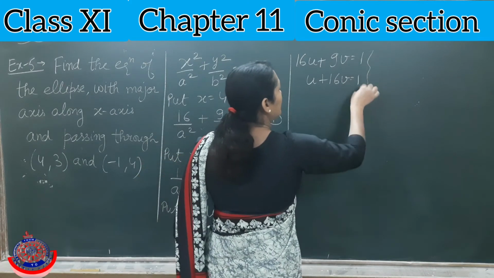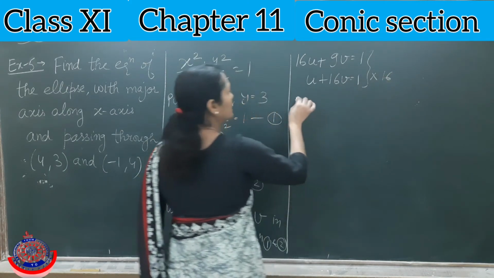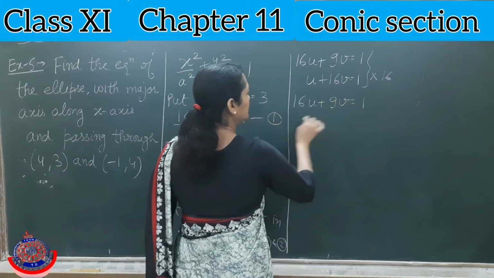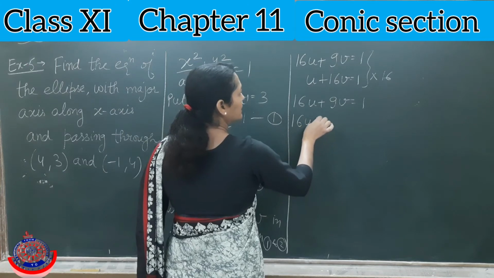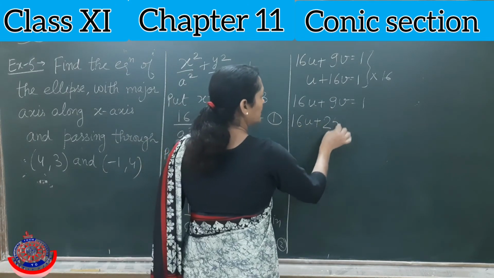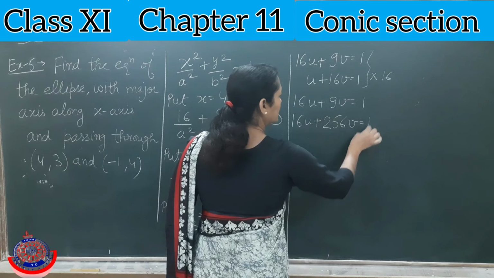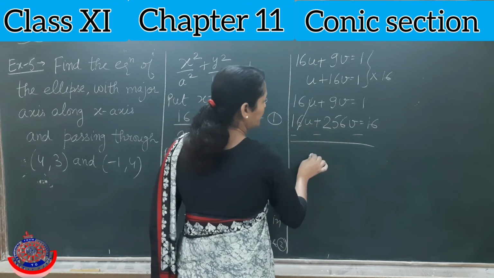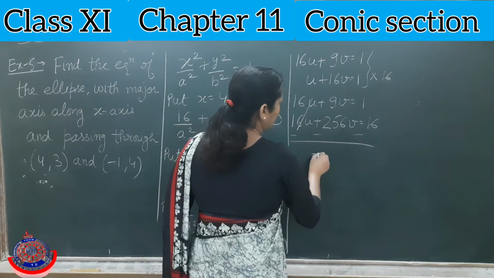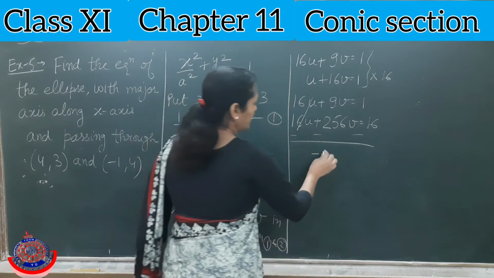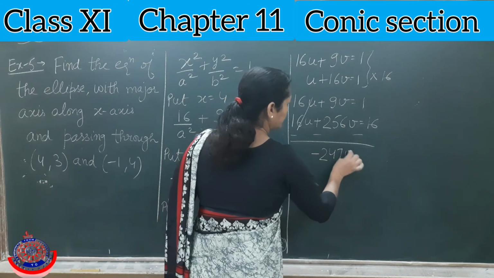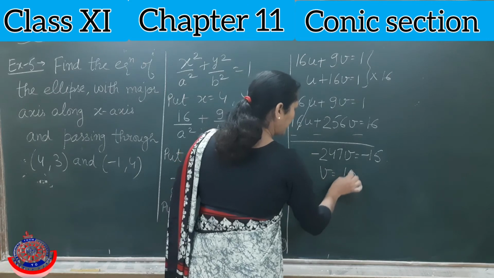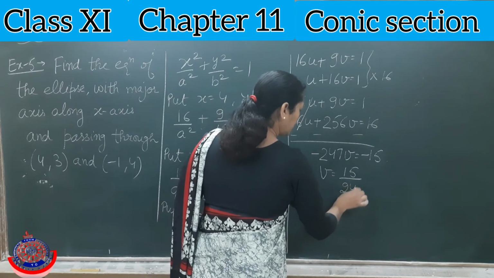So we can use the elimination method. Subtraction. 256 minus 9, 247. And this minus 15. So v comes out to be 15 upon 247.